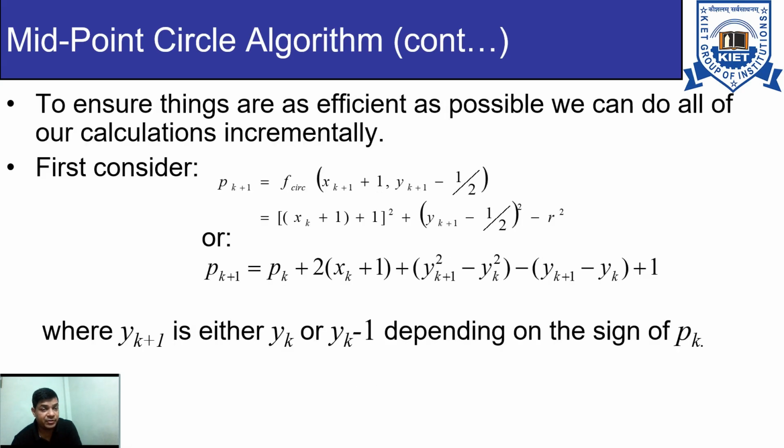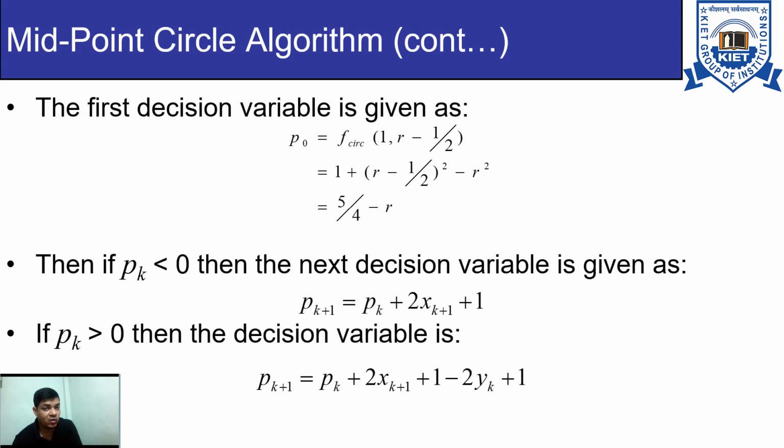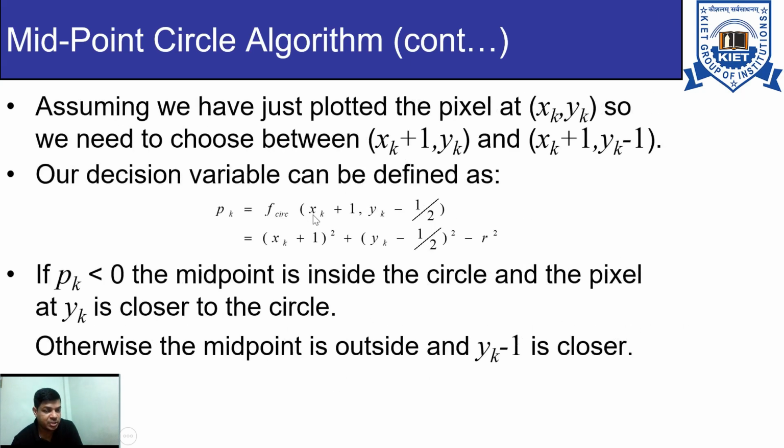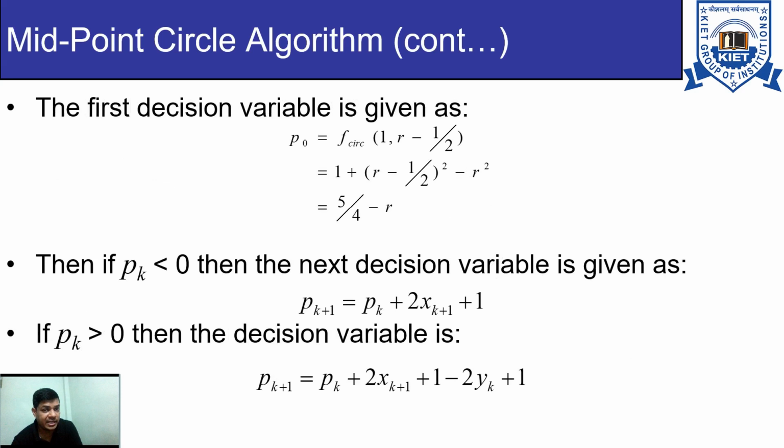And we know that the first point is on the circumference and it is along the y-axis, and we know that the value of x will be 0 and the value of y will be r. So if you substitute the value of x as 0 and y as r, you will be able to get this equation.